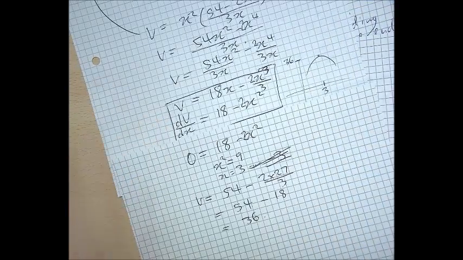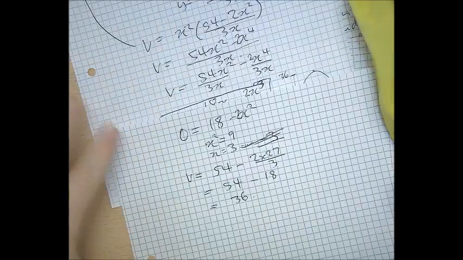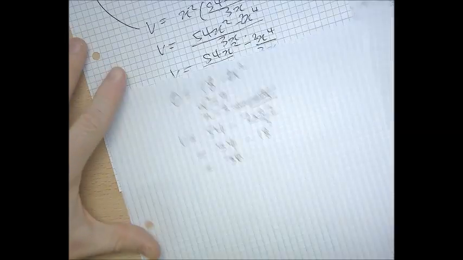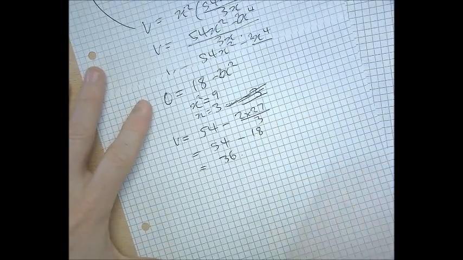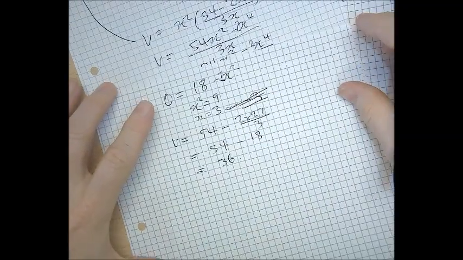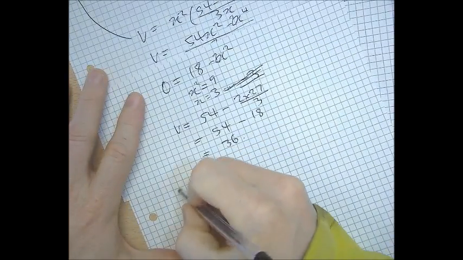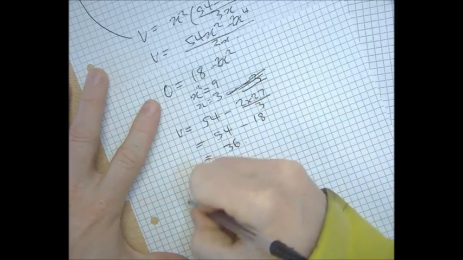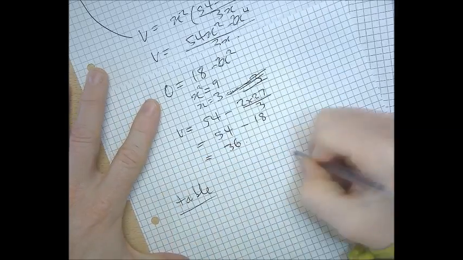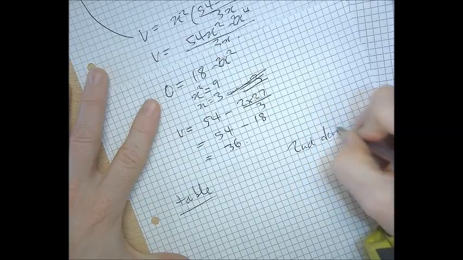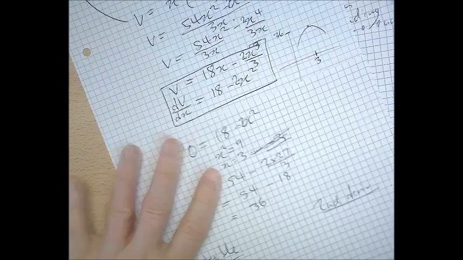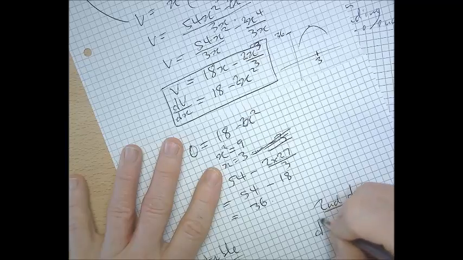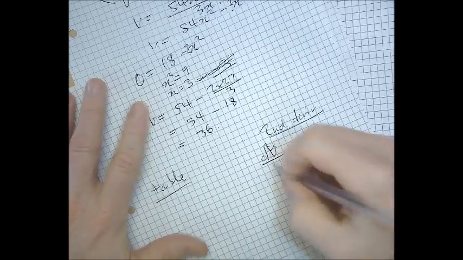But how do we get full marks? Okay, we get full marks by proving that we found a maximum. Okay, so 2 ways. I'll do them both. There's a table and then a second derivative. Okay, let's do the second derivative first. Just continue differentiating this.